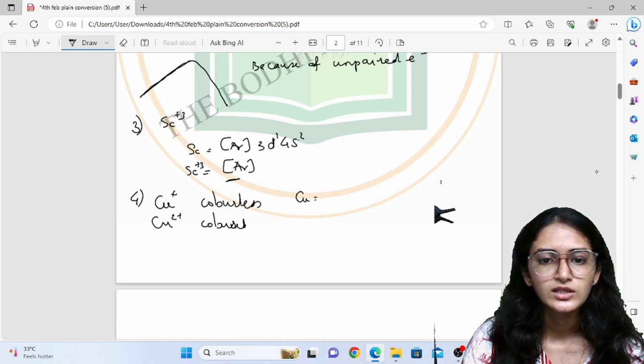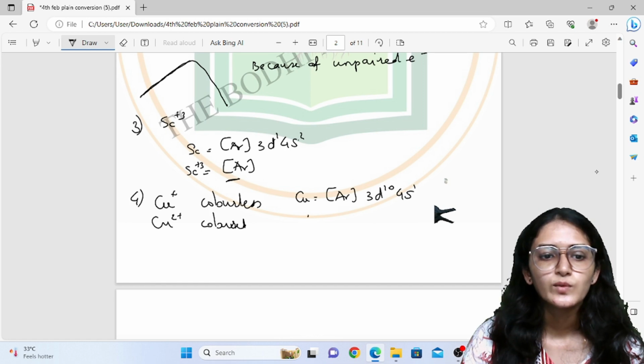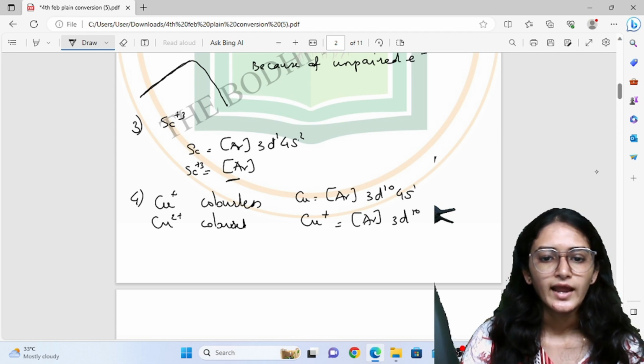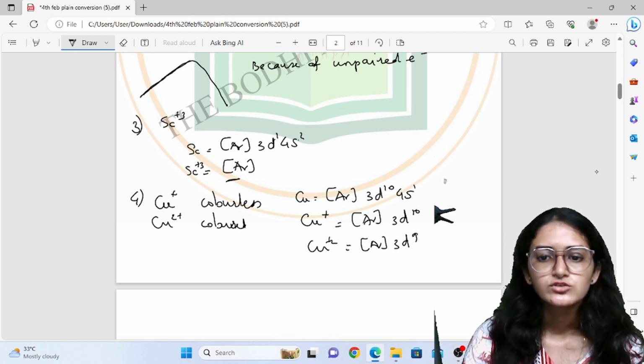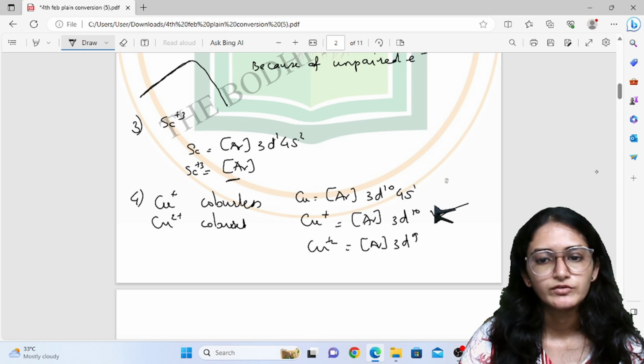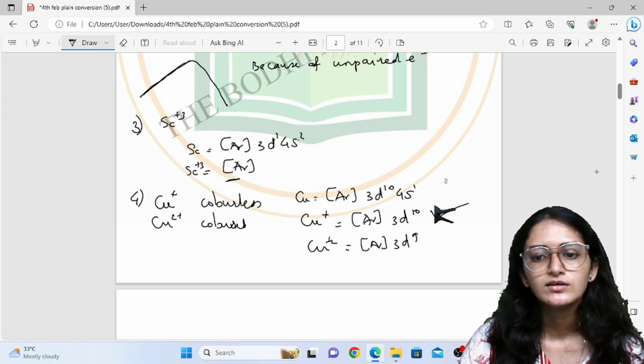Copper configuration is argon 3d10 4s1. So copper plus 1 means argon 3d10, and copper plus 2 is argon 3d9.